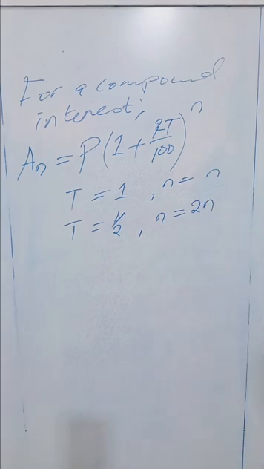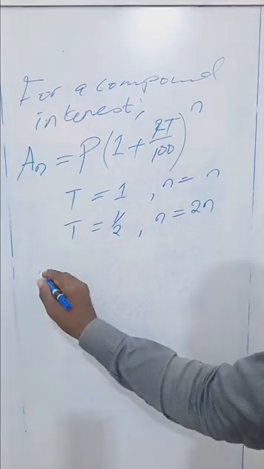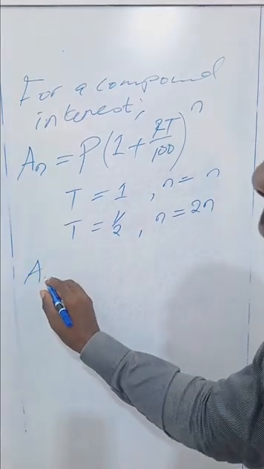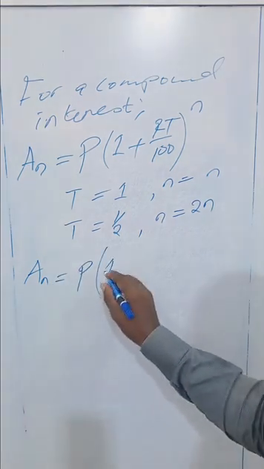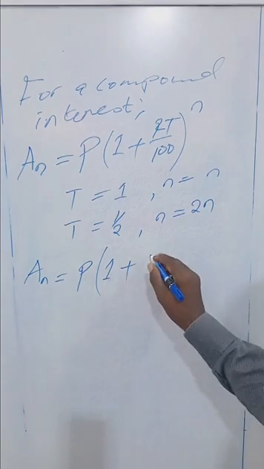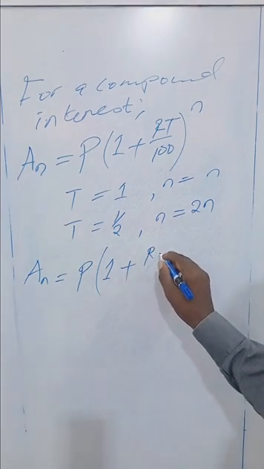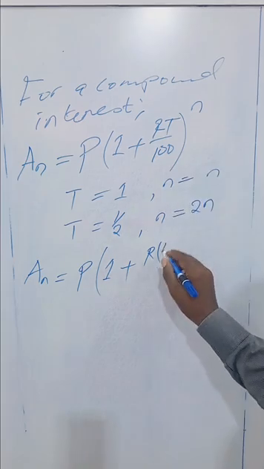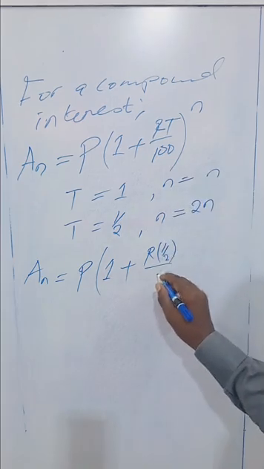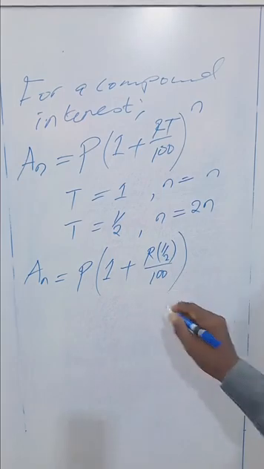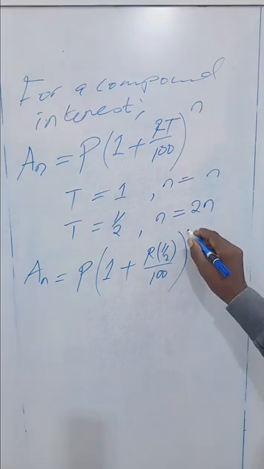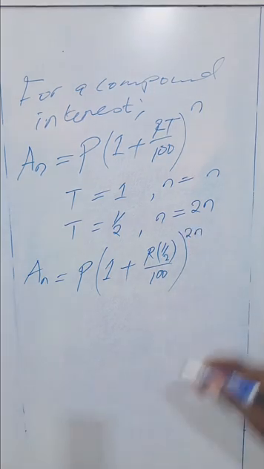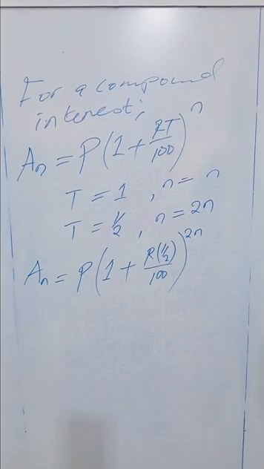And you know what our formula will become now? Our amount will be equal to principal, then 1 plus R. Remember, our T is a half this time, over 100. Our n is no longer n, now it is 2n. Yes, this is the formula which you're supposed to use.